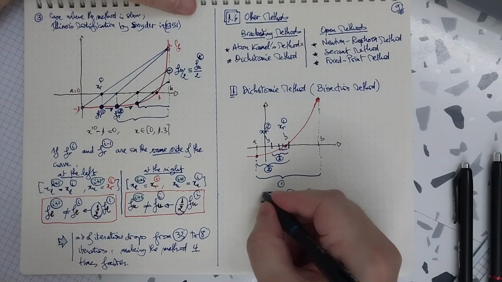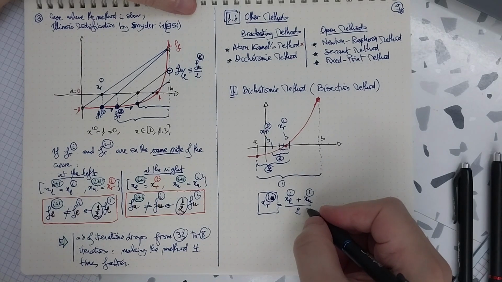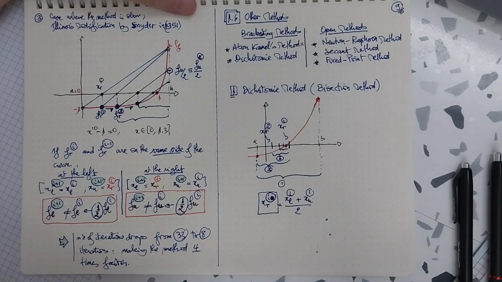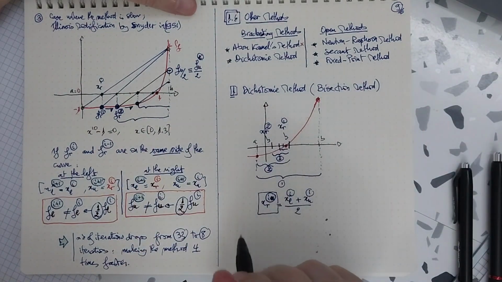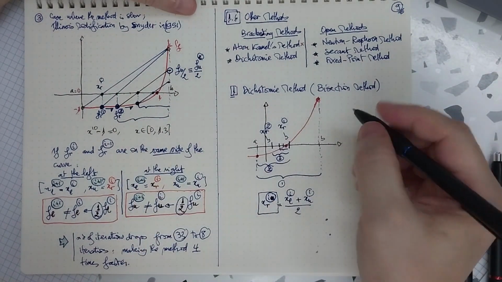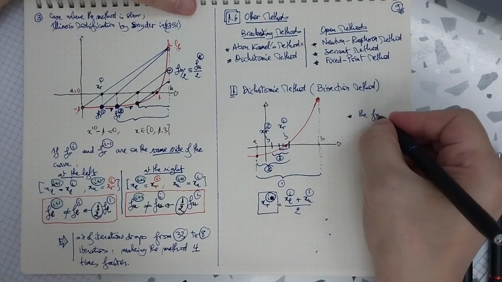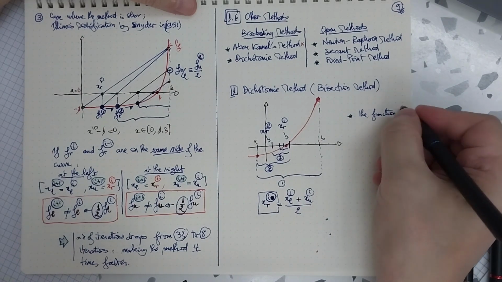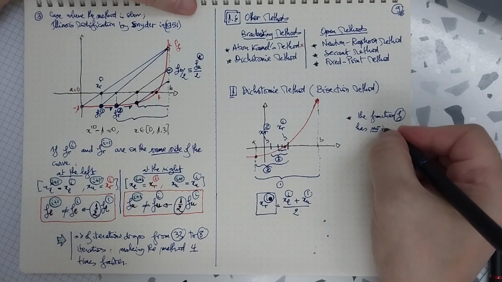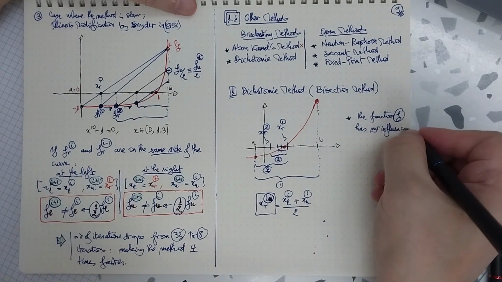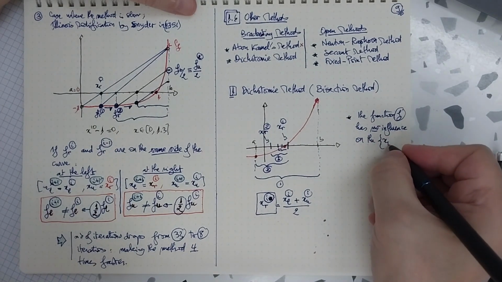So this is the formula. It's very easy, very simple, and you can observe here, there is no image. The curve, the function, has absolutely no influence on the sequence. So this is the first thing to observe: the function f has no influence on the elements of the sequence.